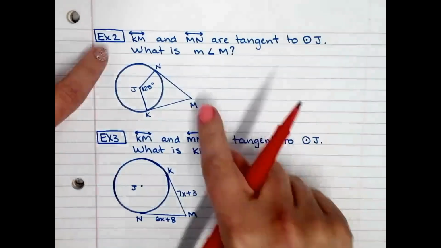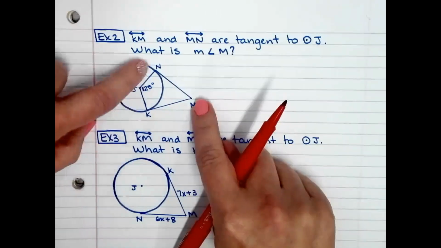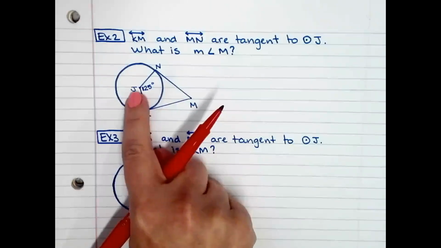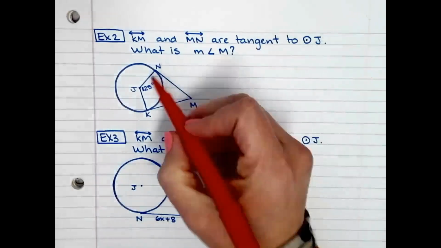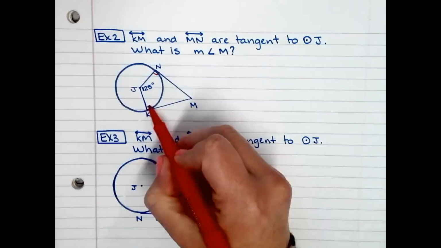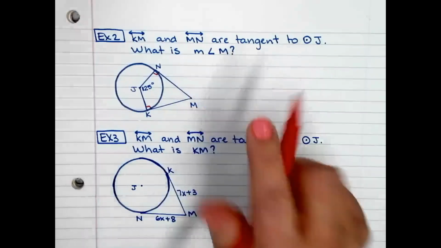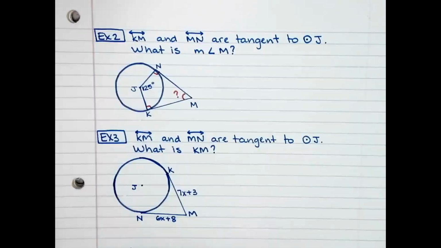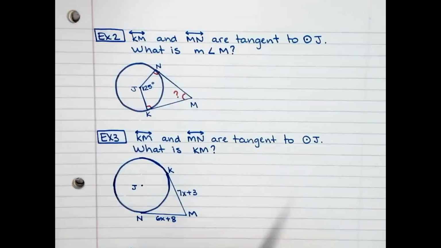I have 2 lines, KM and MN, tangent to circle J. As soon as I see the tangent, I know these are 90 degrees. What is the measure of angle M? We're trying to find this angle right there. I have a quadrilateral.